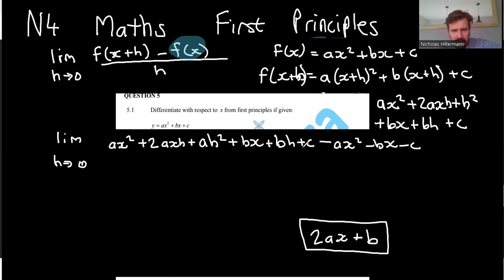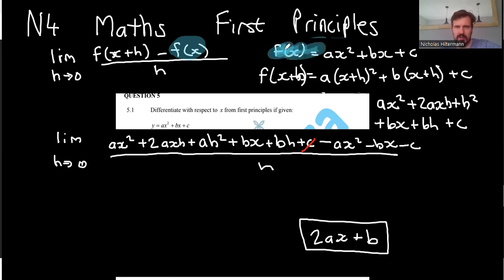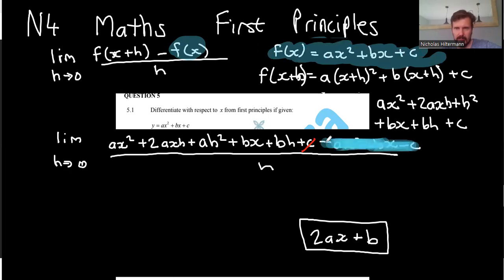Okay, so then these over h, right? Let me just do my colors because I usually do the colors. So this is the light blue, which is what I'm minusing. And this is the pink, which is this bit here, which ended up becoming this bit.